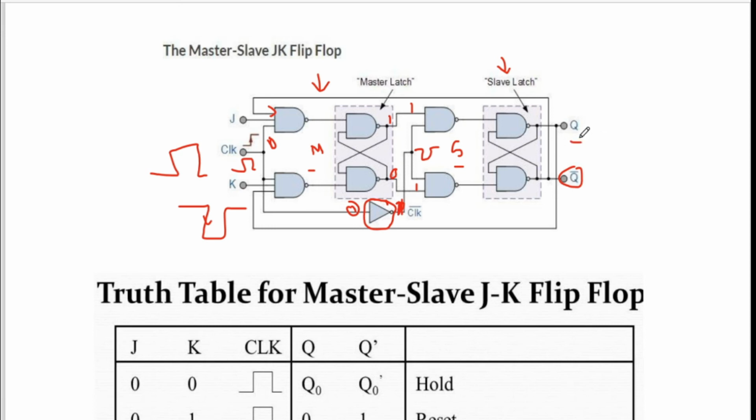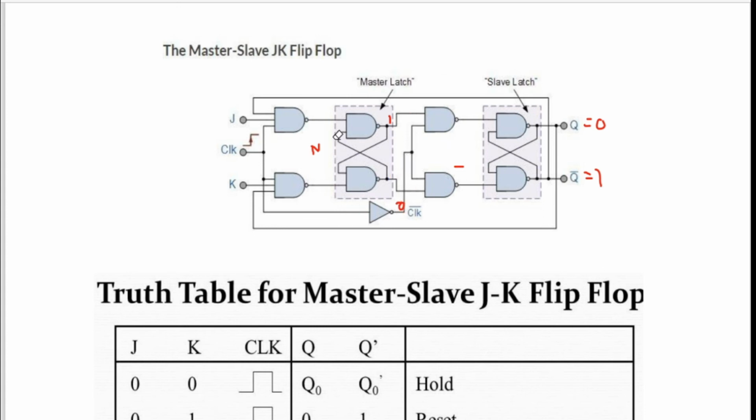And at a given point of time, for a time period t, we know what is the value of Q and what is the value of Q bar. Here I will explain how the operation of this master slave flip-flop works. Initially, when we give the inputs with the positive edge of the clock pulse, J might be 1 and K might be 0, and initially we take the Q value as 0 and Q bar as 1.